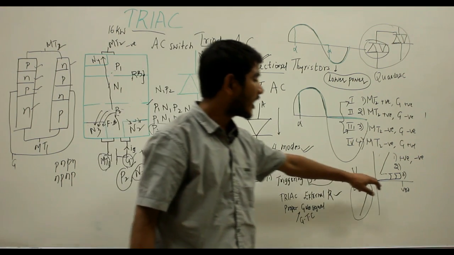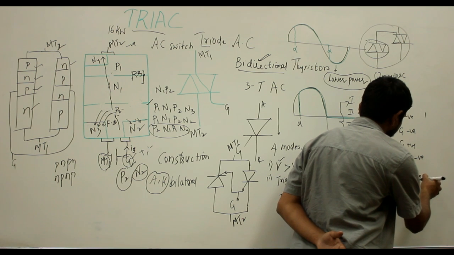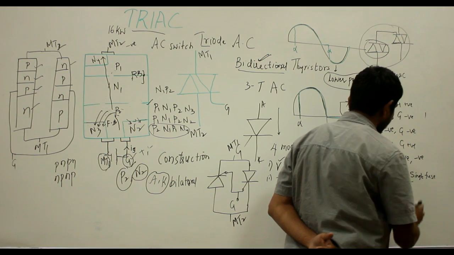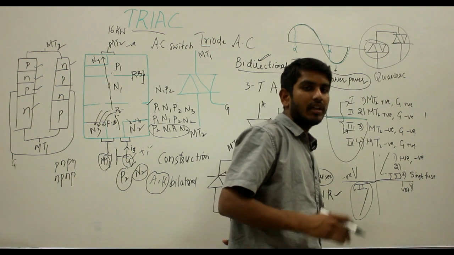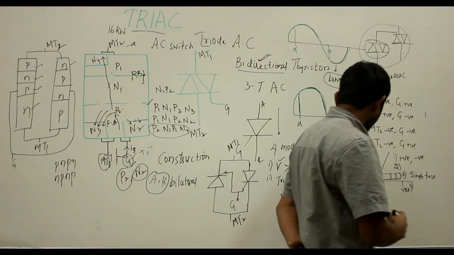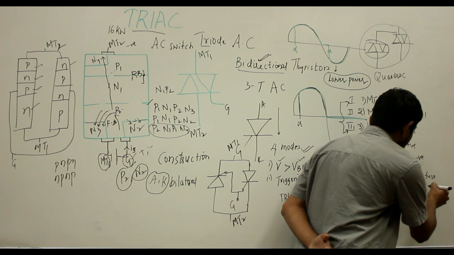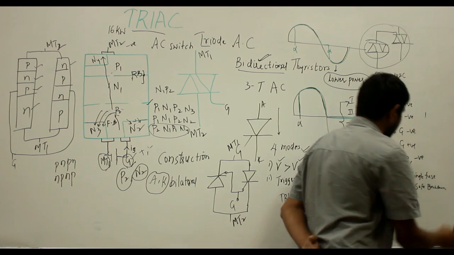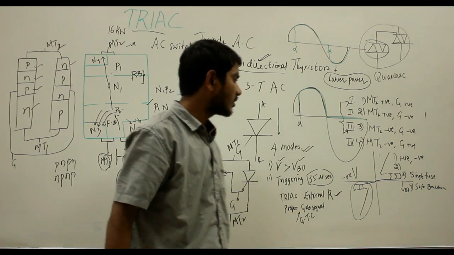The third advantage is it requires only a single fuse protection. So it requires a single heat sink, single fuse protection, and a safe breakdown can be obtained in either positive or negative voltages. So safe breakdown can be observed in either polarity of the voltages. So these are the advantages.